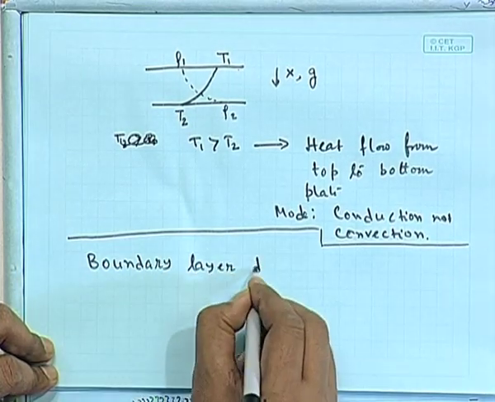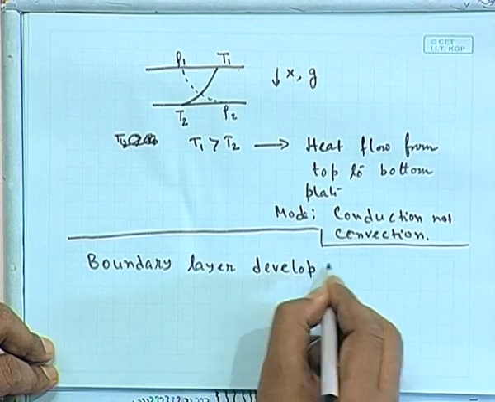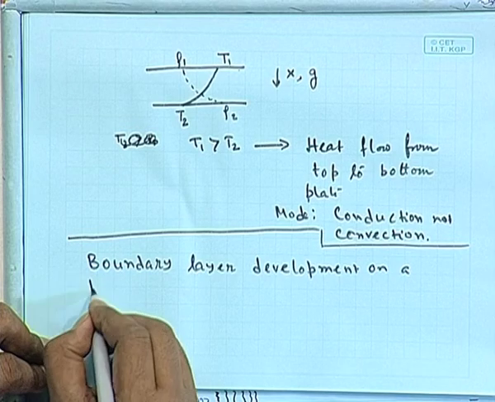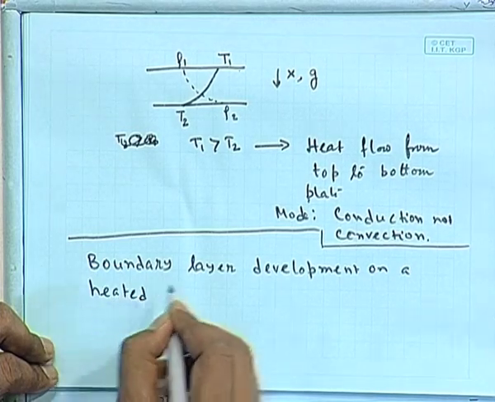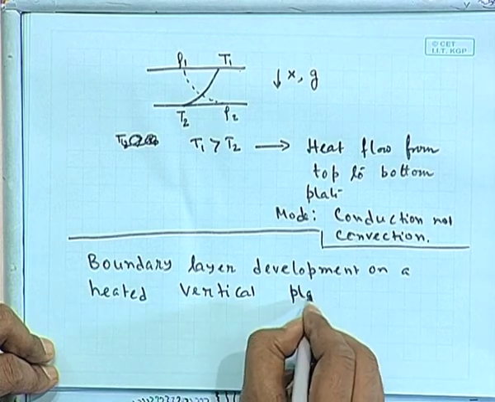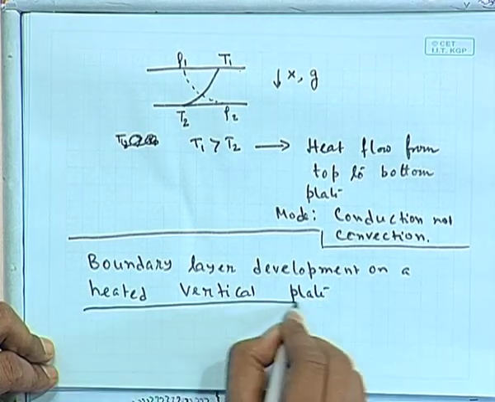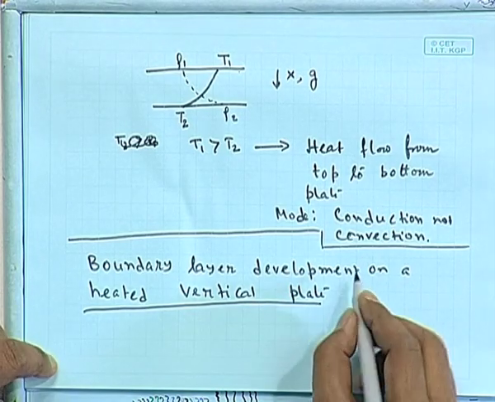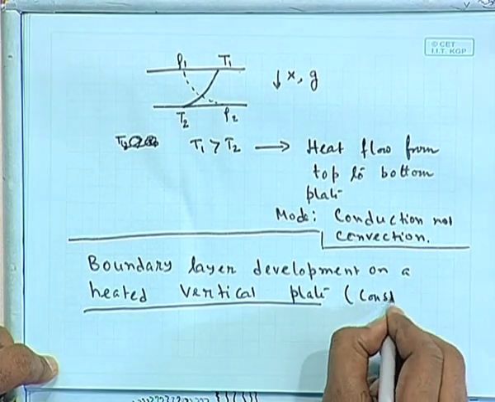Boundary layer development on a heated vertical plate, and we will see how to find the heat transfer coefficient in such a case. It is a case of constant wall temperature.